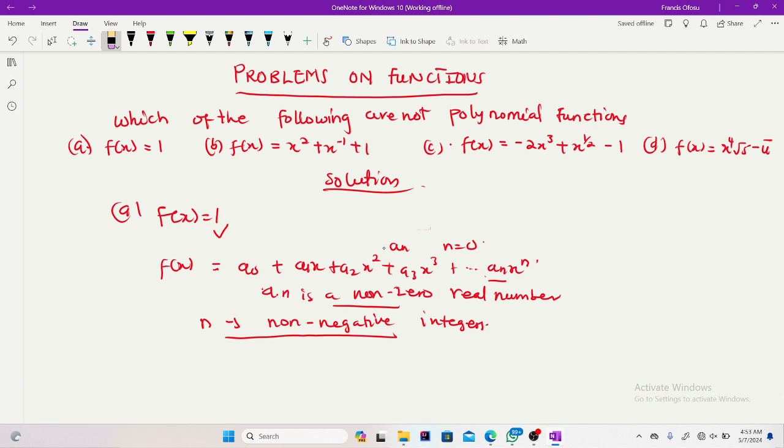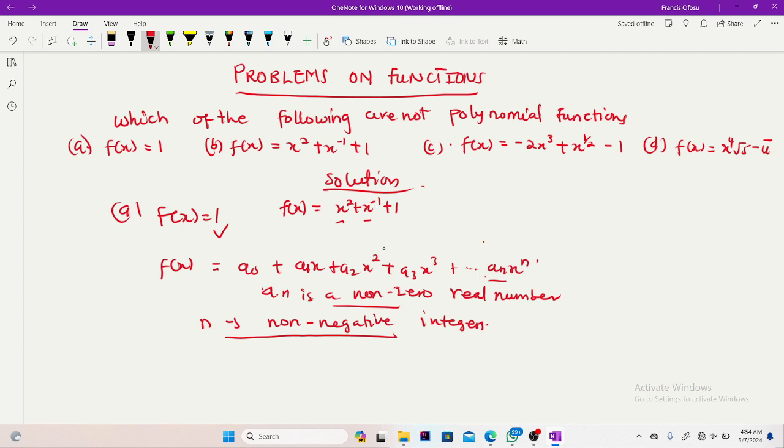So for our second function, we're going to have f of x is equal to x squared plus x to the power negative 1 plus 1. When I consider the power n of these independent variables x, you realize that x squared, yes, indeed, is a monomial, and it satisfies polynomial conditions because the power here is a non-negative integer.